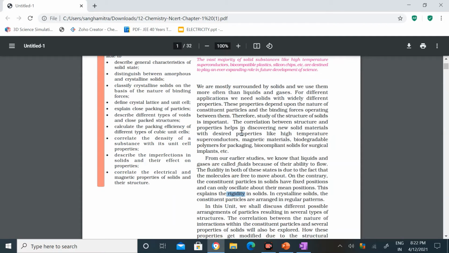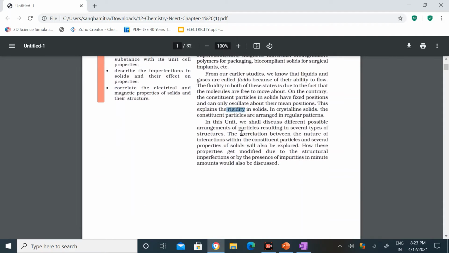If you have any doubt, please write it in the comment box. So moving to the next topic. In this chapter, we will study the different arrangement patterns of crystalline solids. So what we are going to study is matter, then the solid state, and in the solid state our focus will be on crystalline solids.